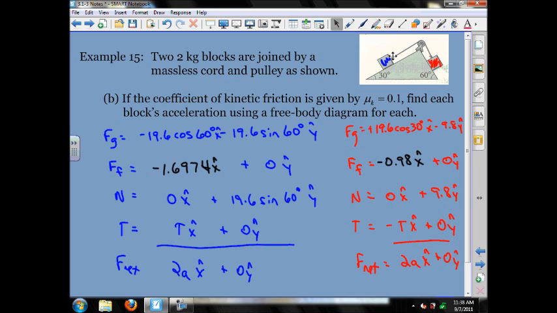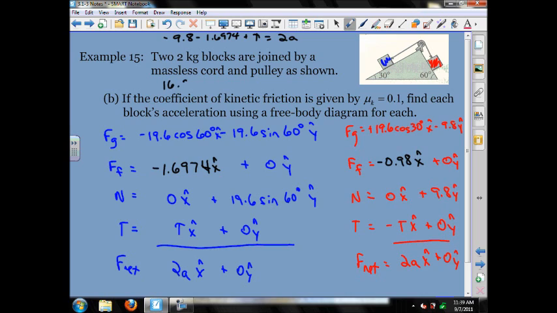Set up your equation. So negative 19.6 cosine of 60 is negative 9.8, minus 1.6974 plus t, or t, equals 2a. For the red one over there, we've got 19.6 cosine 30.